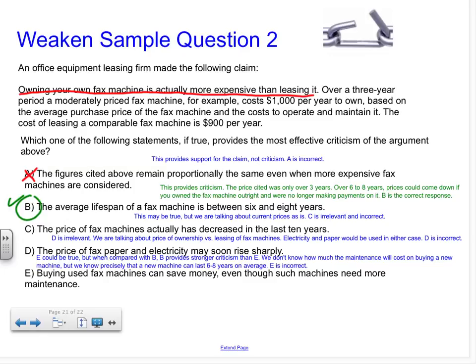But for argument's sake, let's take a look at the other three. So C, the price of fax machines actually decreased in the last 10 years. This could be true, but we're only concerned about current prices as is today, because this is when we're going to buy it. So C is irrelevant and incorrect.